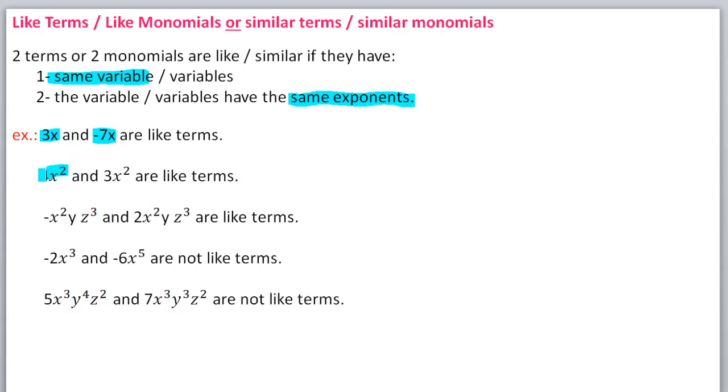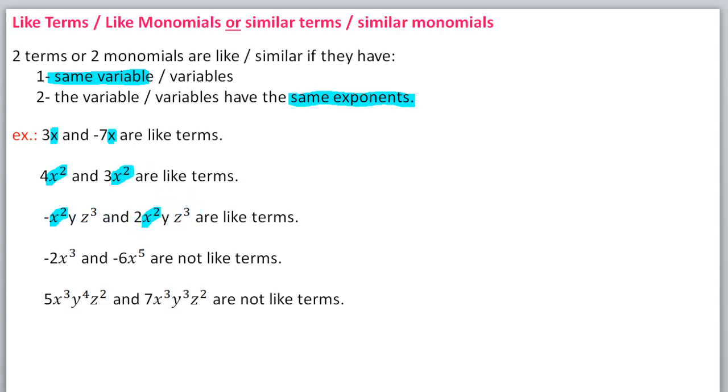4x squared and 3x squared. We have x squared and x squared. So those have the same variable. Let me color only the variables just to observe. Here we have x squared and here we have x squared. Look at those two terms first: minus x squared yz cubed and 2x squared yz cubed.